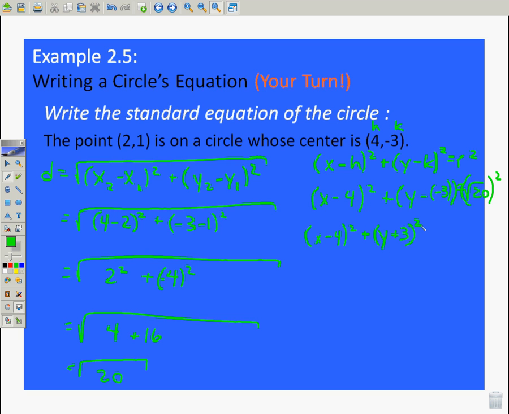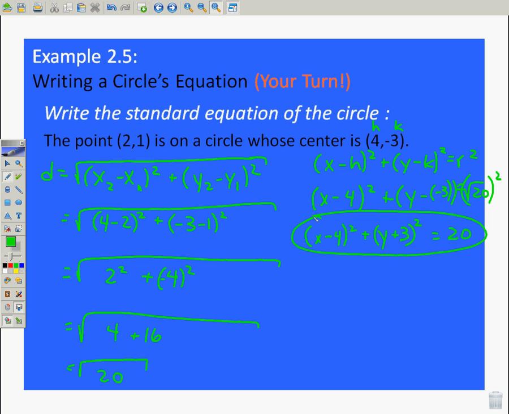When I square a square root, so for example, if I take the square root of 9, that would be 3. Then I square that, I would get 9. But in this case, I'm squaring the square root, so you don't need to take this to decimal form before you do it. The square root of anything squared is that number. This is the standard equation for my circle, right there.